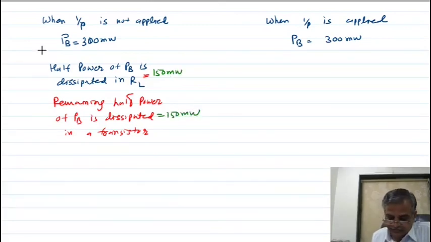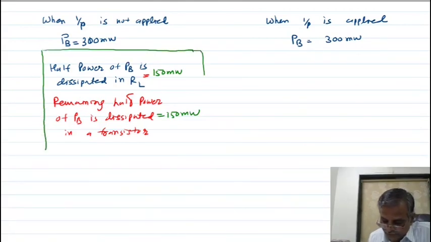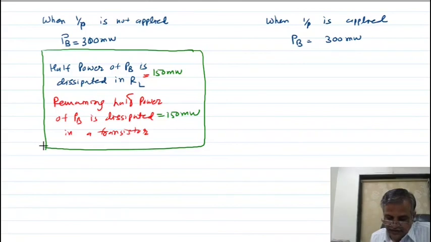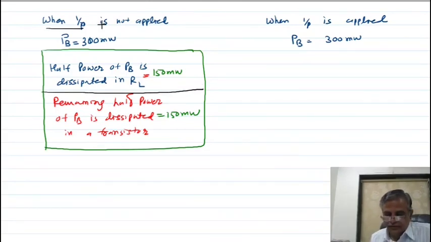This is the wastage. When AC input is not applied, suppose you have given PB as 300 milliwatt, then half of the PB is dissipated in the load RL and the remaining half is dissipated in the transistor.